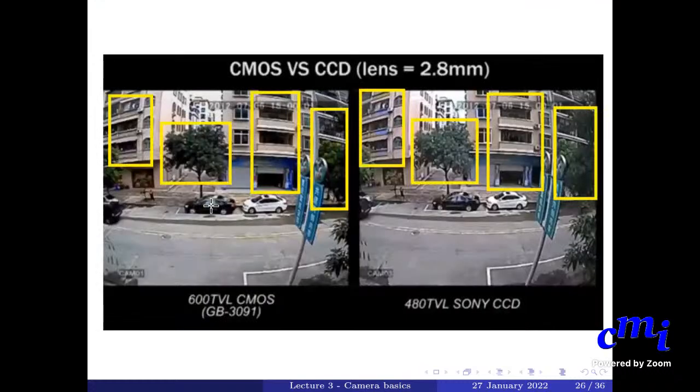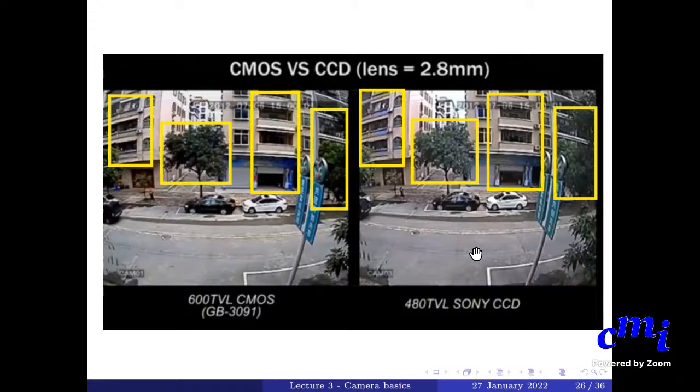So here's an example of CMOS versus CCD. CMOS is the image on the left hand side, and on the right hand side you have an image with the CCD, and there are a few differences. These yellow rectangles can make a few differences clear. For example, on that stretch of road below, you can see more noise in the CMOS image than in the CCD image.